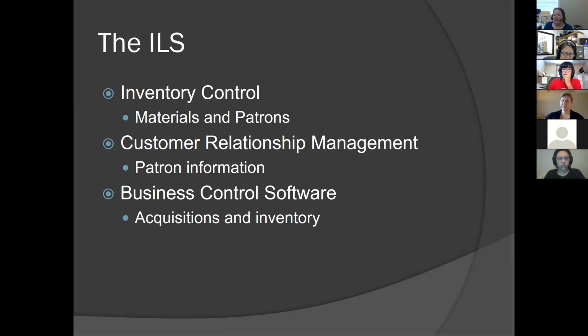Some do it in other places, but it can act as business information, acquisitions and budgeting and that kind of thing. So on the forum or on the classroom, there is a forum about your ILS. Go in there, post which one you use. For those of us who are in the NECLS or SECLS or CKLS regions, we all use the Koha ILS.